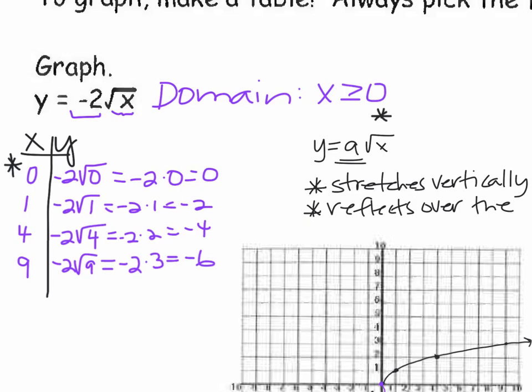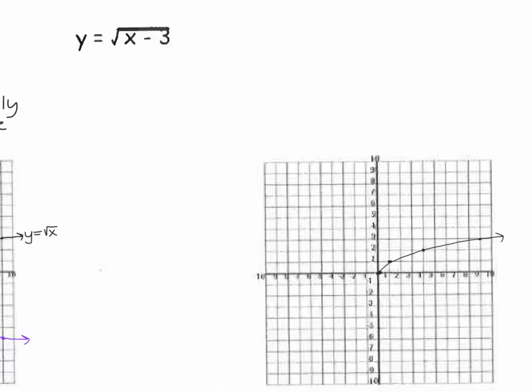And that's how you describe the shape from the parent function. So when I say reflects over the x-axis, that means it's going to open down instead of open up like the parent function did. So we have our domain, that's one part of our problem. We have our table, and we have our description. And of course, the graph itself.